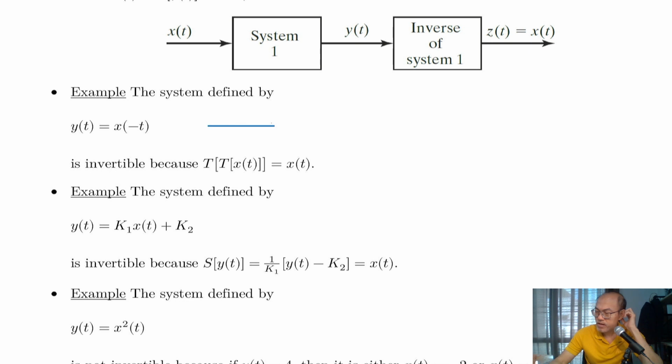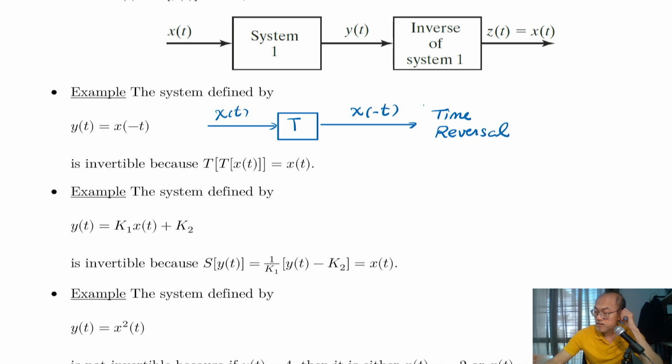Here, if you have x, this is your system, and what your system does is the time reversal of x. So if you're given x(−t), which is the output from T, then you do time reversal again, after which you have x back.